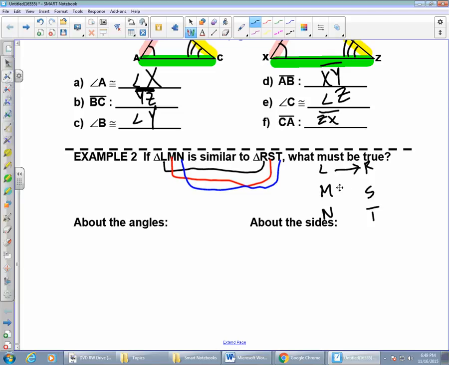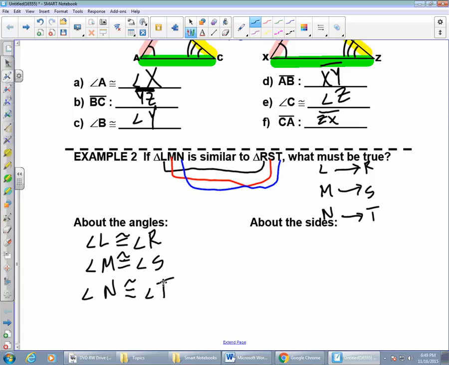L goes with R, M goes with S, N goes with T.